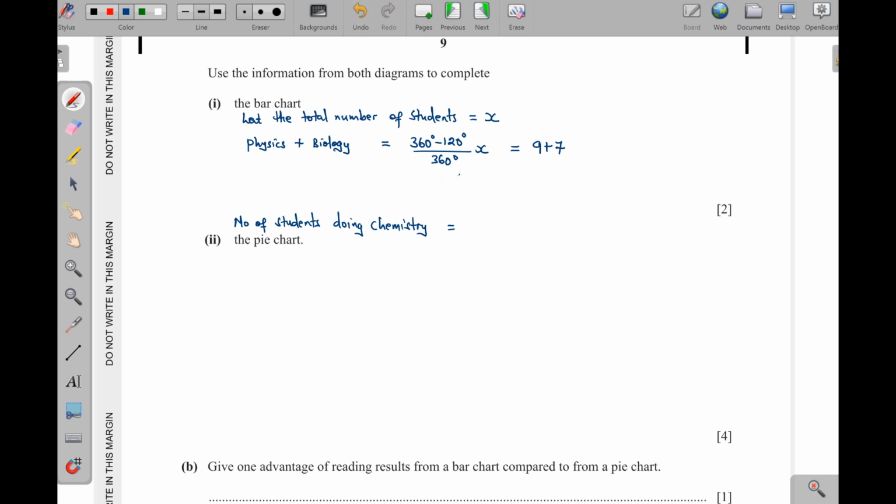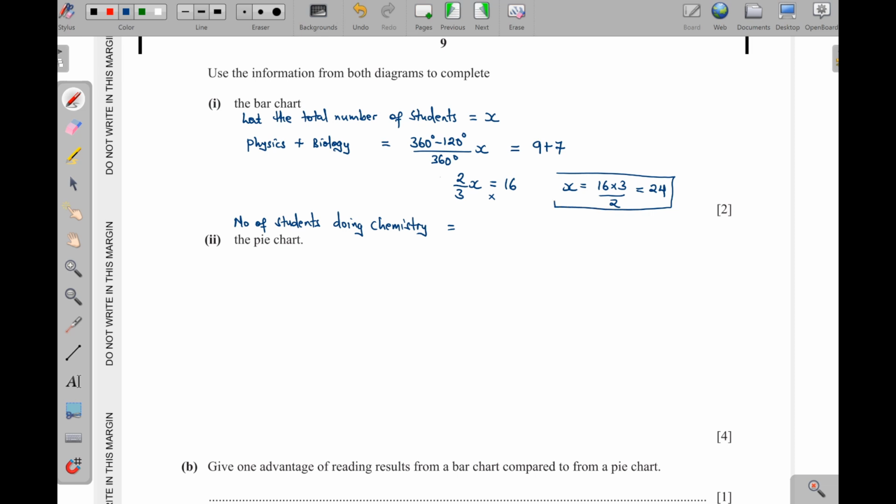I'll write 2 over 3 of x, which is equal to 16. And then our x is going to be equal to 16 when you cross multiply times 3, then you divide by 2. This is 16 divided by 2, 8. Then 8 times 3, we get 24. So the total number of students is 24.